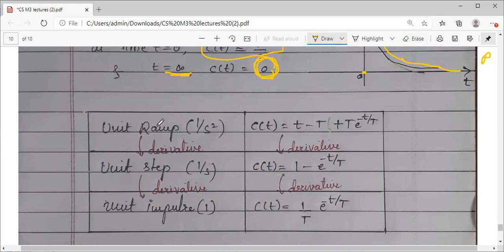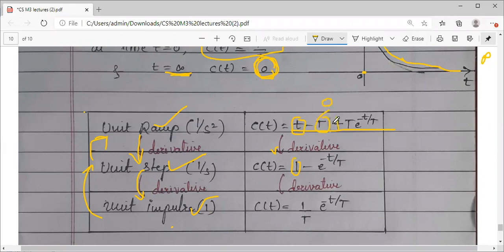Okay, so there is a slight relationship between these three. We know there is a relationship between all these three. If you take the derivative, you will get step. If you take the derivative, you will get impulse, right? Or if you go in reverse, integral. Similarly, their outputs, if you take its derivative, check the equation, what we get. Take the differentiation of this equation. Differentiation of t with respect to t is 1. Minus, you have simple t constant, which is 0.